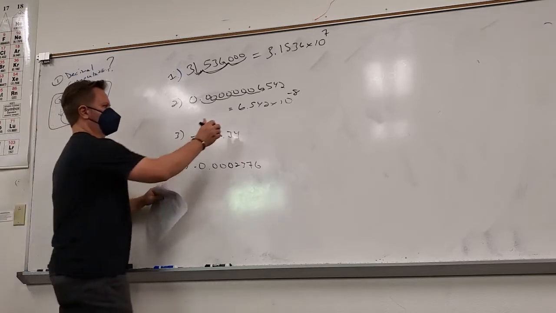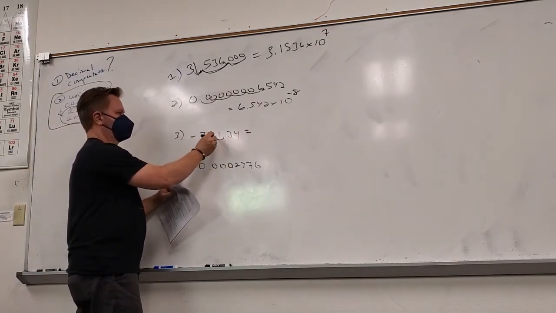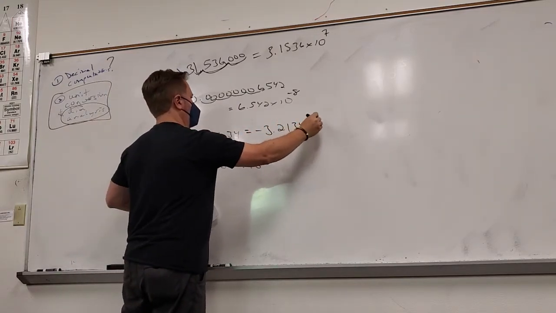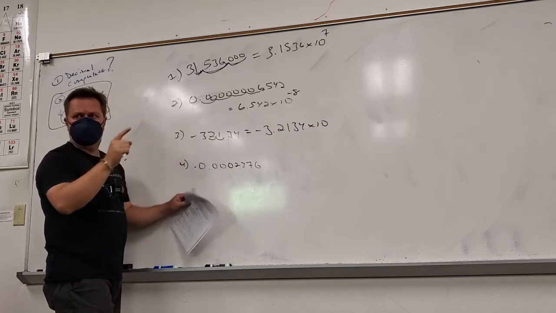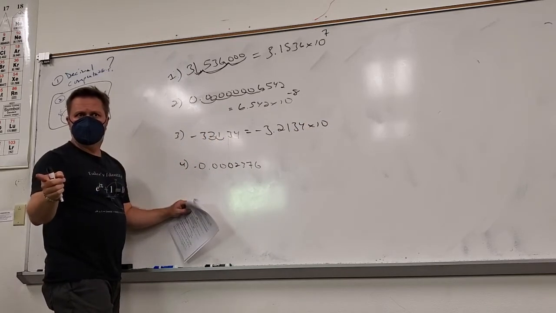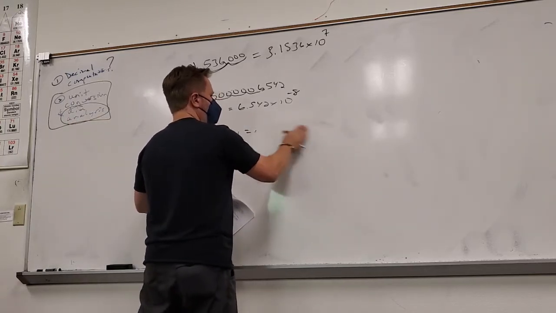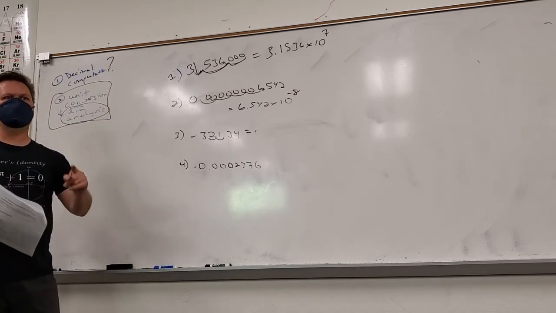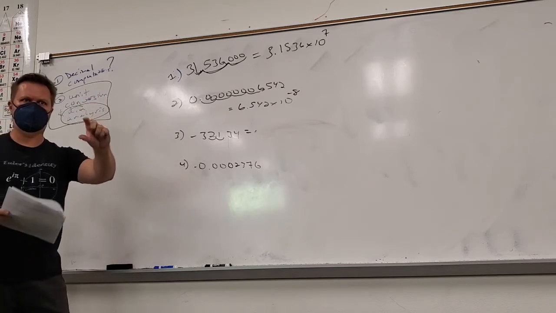And then this guy seems really silly. This guy is negative 3.2134 times 10 to the... How do you do this? Every time it's the same. Wherever the decimal is, you want to move it until it's got one digit in front of it.